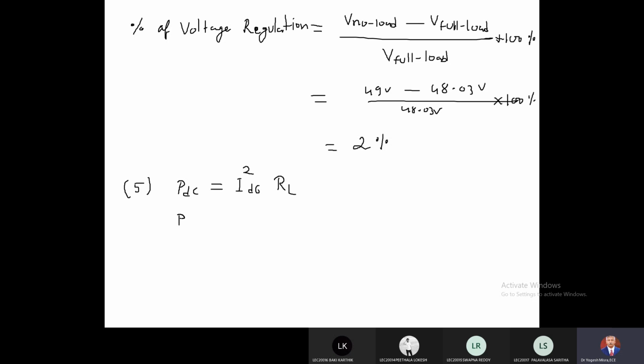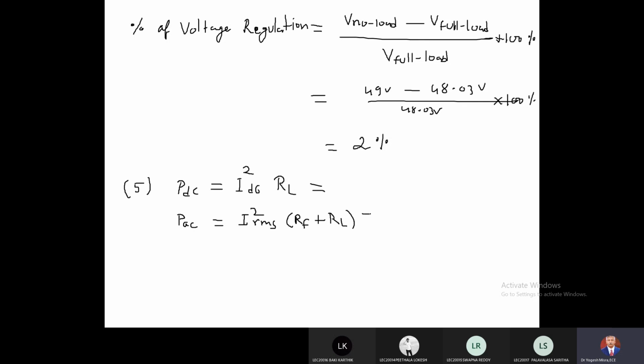And PAC, the AC input power, will be I RMS square. For AC only, you get the diode resistance also, it will come into the picture, and load resistance both. For DC output power, only the load resistor will be there.